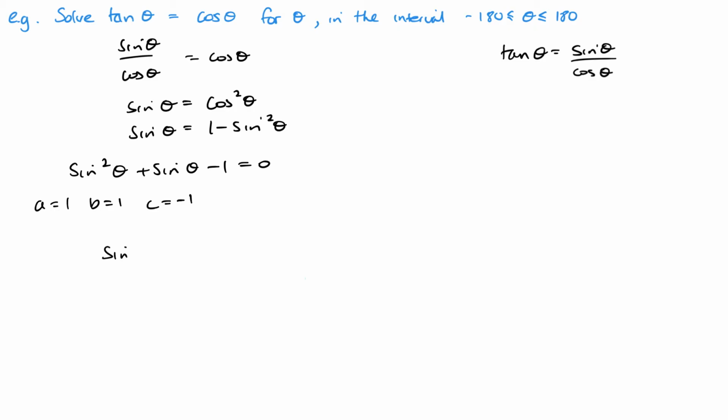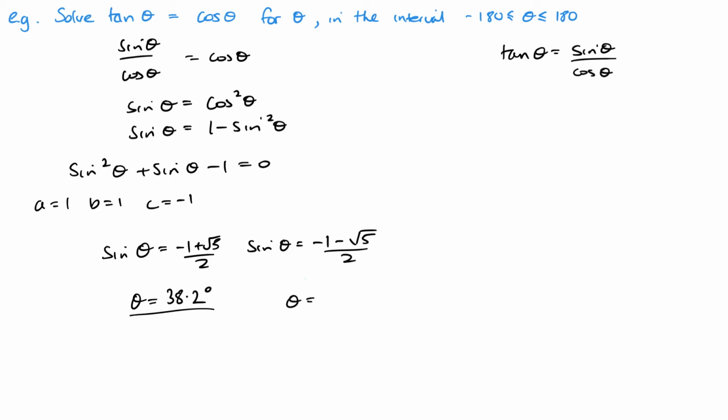Okay, so I'm just going to jump straight in with the answers here. We get minus 1 plus root 5 over 2, and minus 1 minus root 5 over 2. So finding my values of theta gives me at first 38.2 degrees in this one.